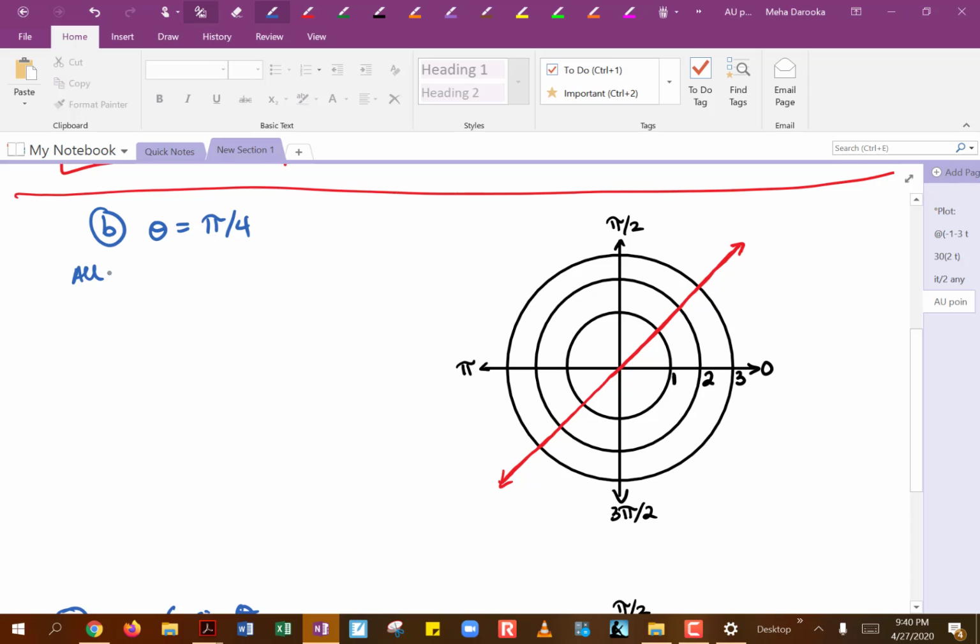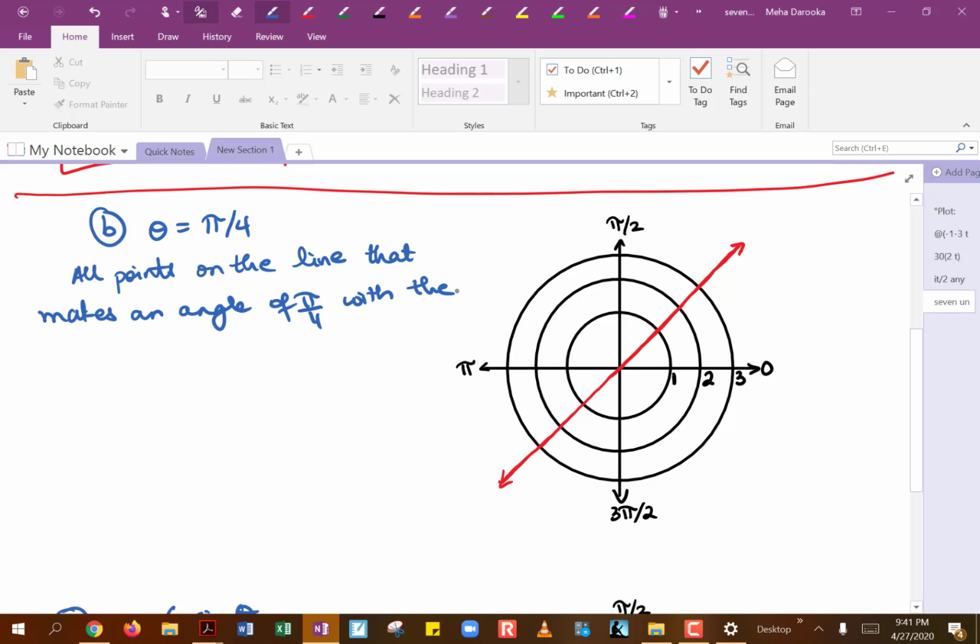So all points on the line that makes an angle of pi over 4 with the polar axis and passes through the pole. Now again, remember the pole is basically the origin. So that's what this graph will end up looking like.